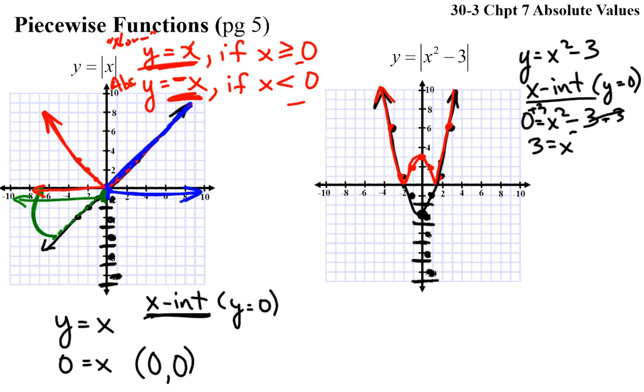We get 3 equal to x squared. We want a square root to get the x by itself. So x equals root 3, but because we did the rooting, x is positive or negative root 3. And positive or negative root 3, well, it's 1 and a bit, 1 and something.